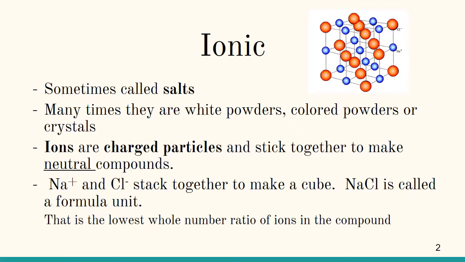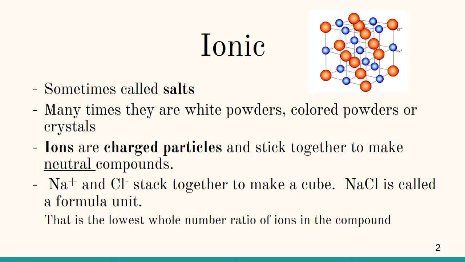When you take a positive and a negative and you put them together, they attract and the charges cancel out. So in the most common example that you would think of, sodium chloride or table salt, sodium cations and chloride anions stack together and they make a cube. NaCl, one sodium, one chlorine, is called a formula unit for sodium chloride because that's the simplest ratio that we can have.